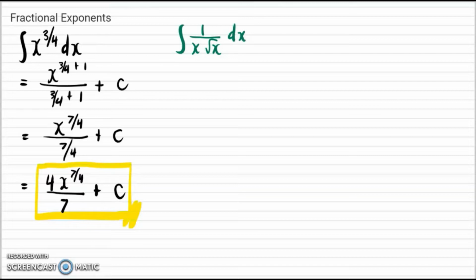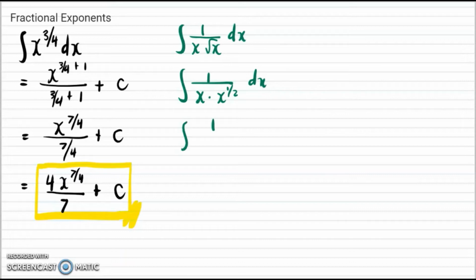Next, let's have the integral of 1 over x square root of x dx. Let us write this into a simpler version slowly. We can rewrite the radical part with a fractional exponent, right? So 1 over x times x raised to 1/2 dx.